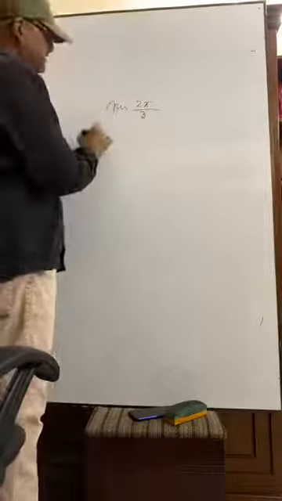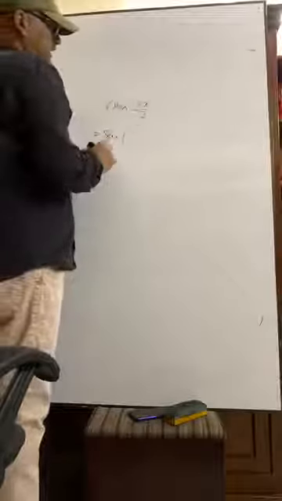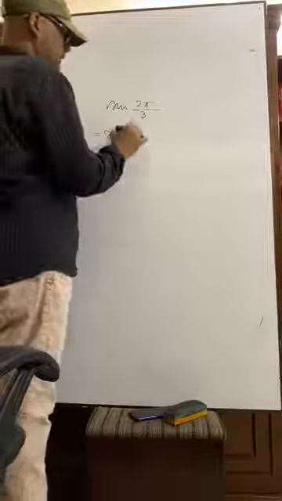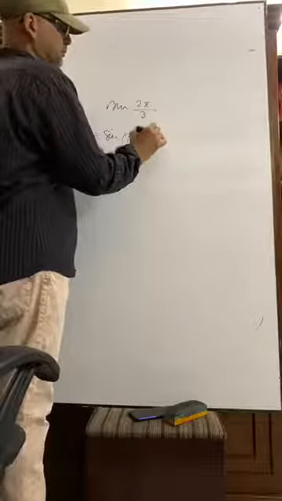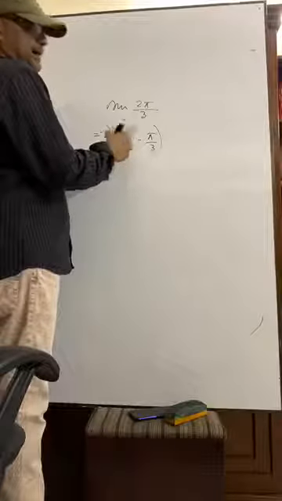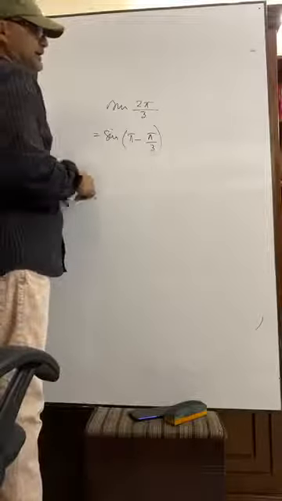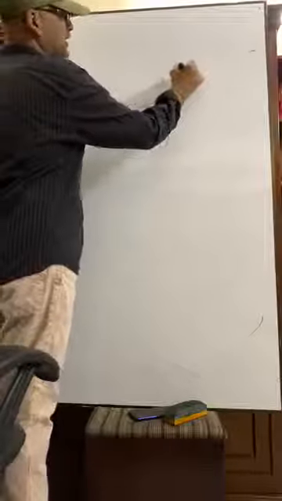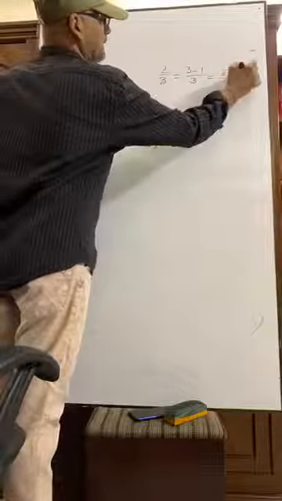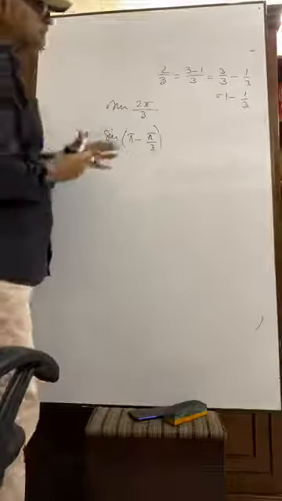It can be written as pi minus pi by 3, that is 3 pi minus pi, 2 by 3 means 3 by 3 minus 1 by 3, that is 1 minus 1 by 3.